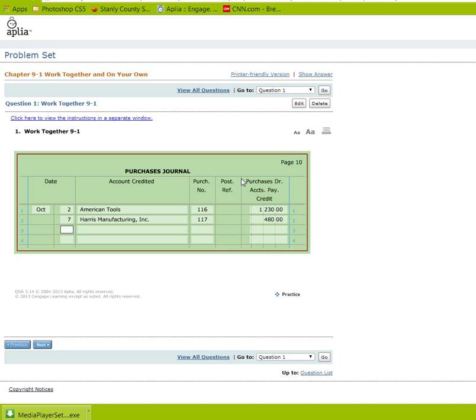And the last one, purchase merchandise on account from Keesler Supplies, $780. Purchase invoice 118. Okay, so the 11th, Keesler Supply, P118 and $780. Okay, that was the first step.